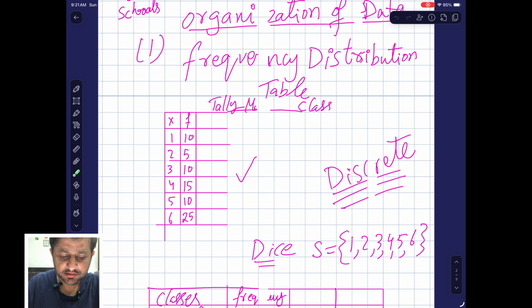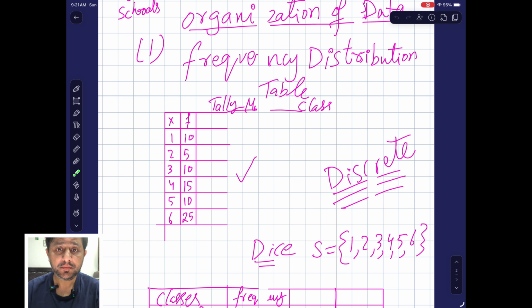Then data can be grouped data, where you can put the data into classes. For example, in your school, there are thousands of students, and suppose all the students are in the ground.